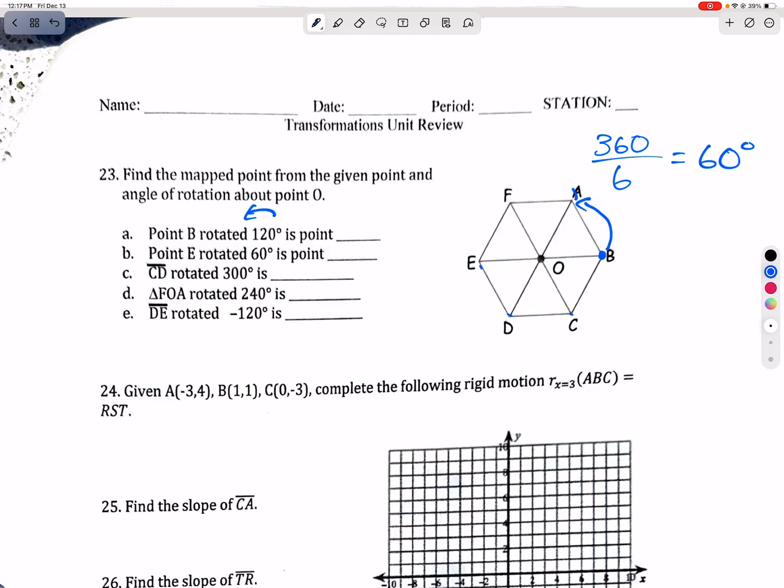This is 60. This is 60. So we're going to be at point F, because that's 120. And then if we're at E and we rotate 60, we're going to be at D.